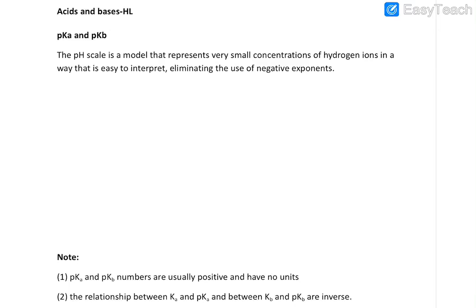Hi guys, so we're going to see pKa and pKb in calculations. Now the pH scale represents very small concentrations so that it's easy to interpret. So similarly, because Ka and Kb values are very small values, we're going to introduce a log scale to the base of 10 to Ka and Kb so that the values can be easily compared.